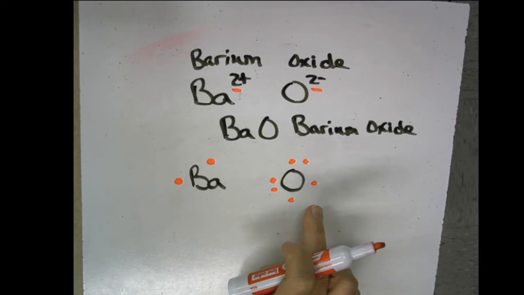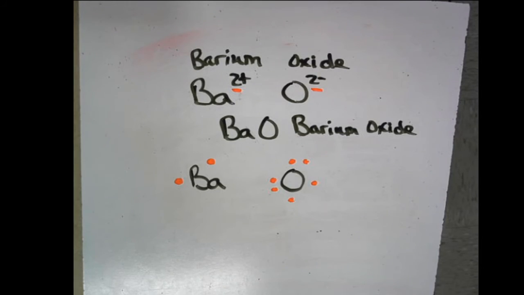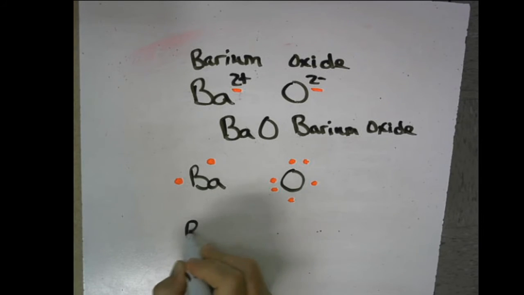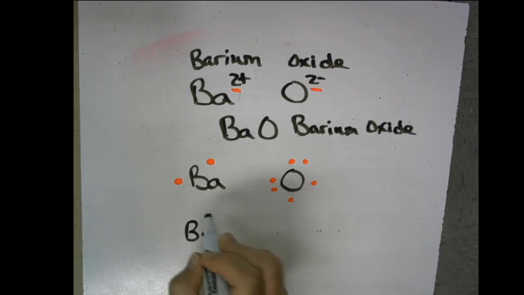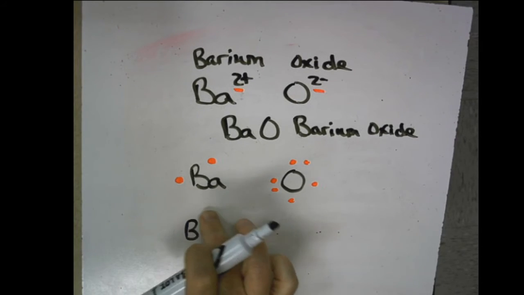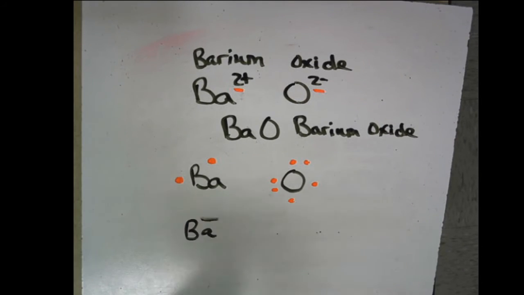I do this, and sometimes I will rewrite them so that my electrons can be facing the right way. So I'm going to rewrite these because it bothers me sometimes. I'm going to write them with the electrons on the other side. It doesn't matter which side they're on. Okay, and then oxygen.